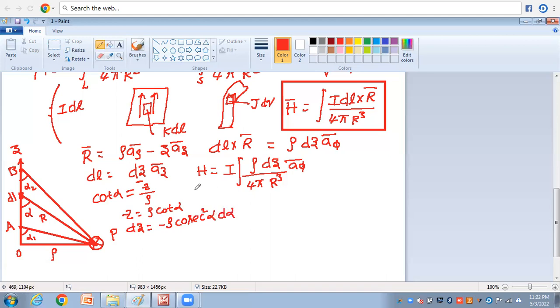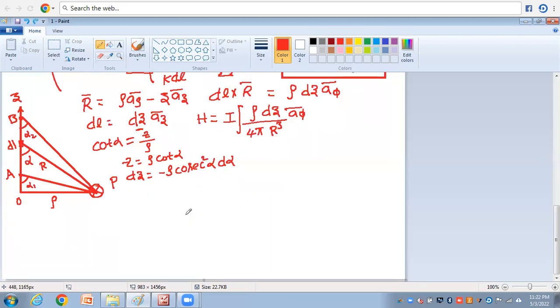Same, cosec, I will extend this one. Cosec alpha equal to r by rho.